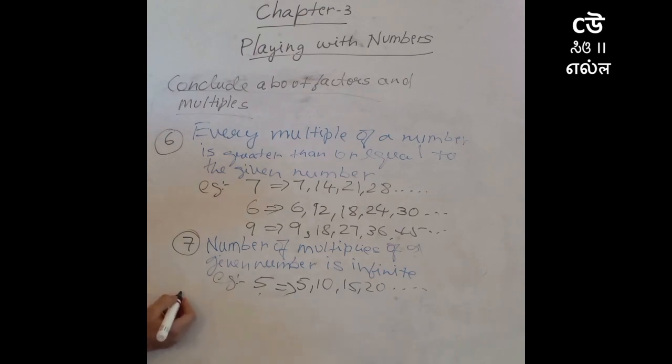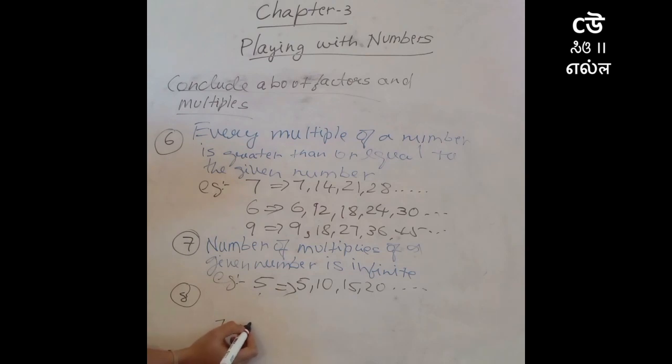Next, eighth one. Can we have 7 as a factor of 7 itself?